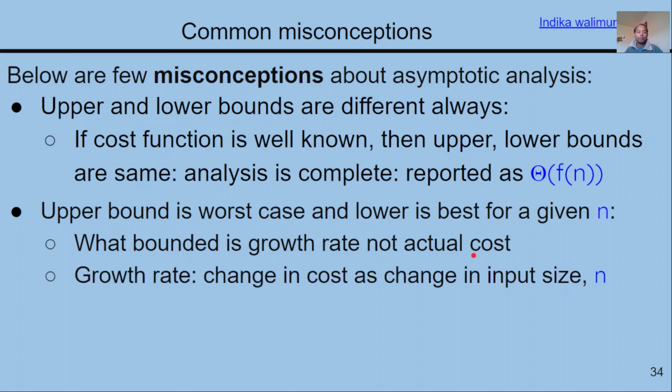What we call the growth rate is the change in cost as the input size n changes. For a given n, notice the difference, guys: change in n and given n. Given n means the input is given, so we know what n is. It's specific. And then for the growth rate, we study the cost as a function of n.